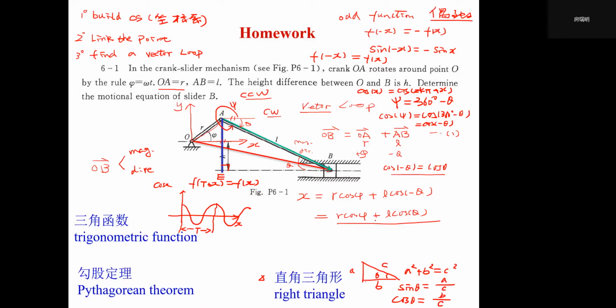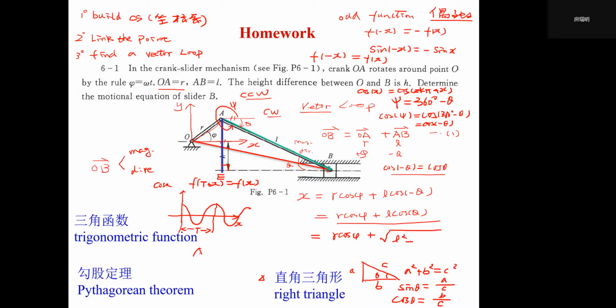So actually, we can rewrite this as R cosine phi plus the square root of L squared minus the whole length AE squared, right? So what is AE squared?